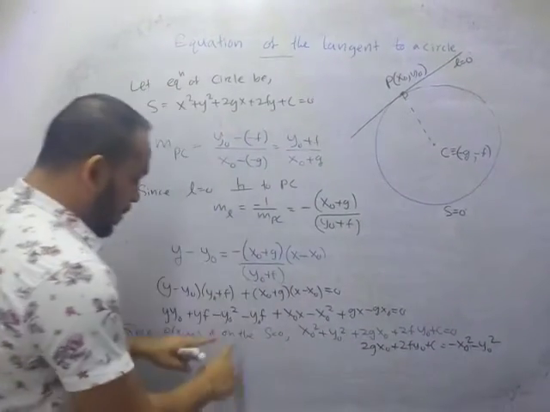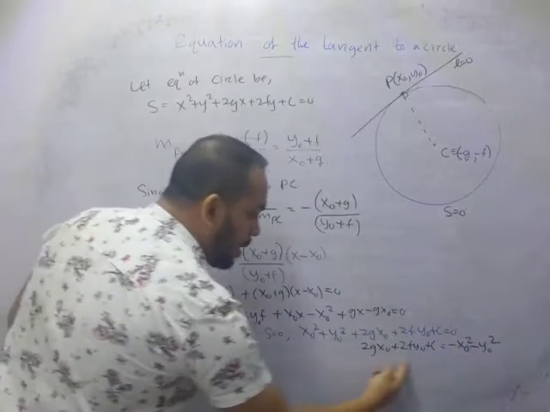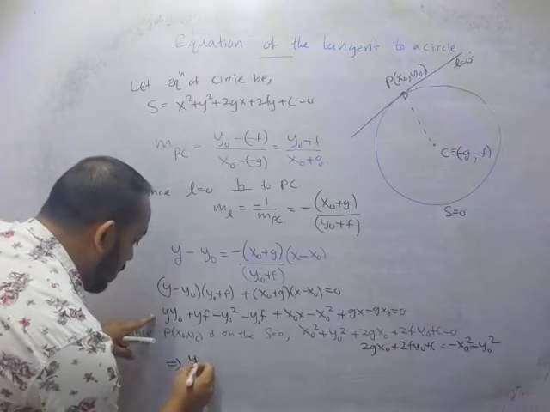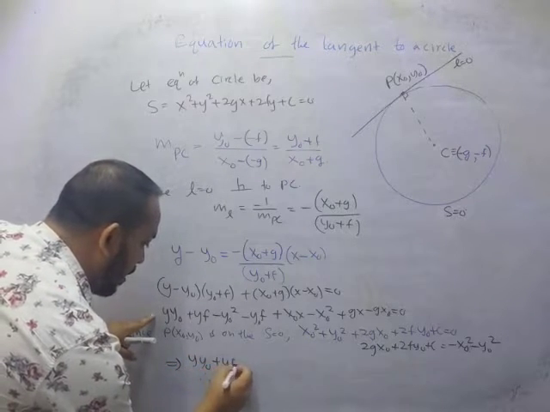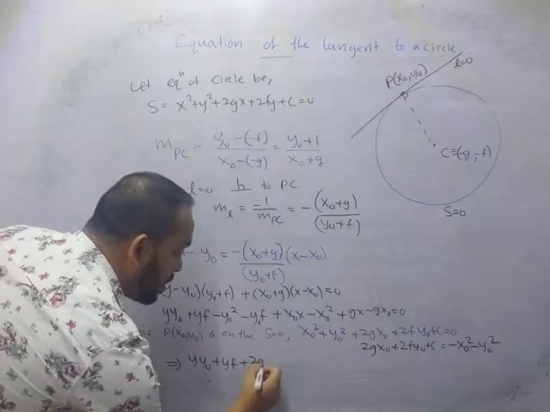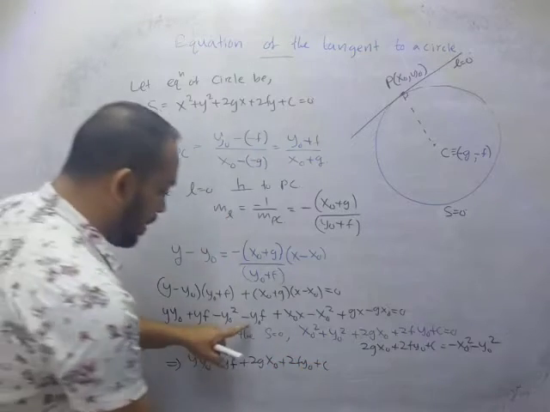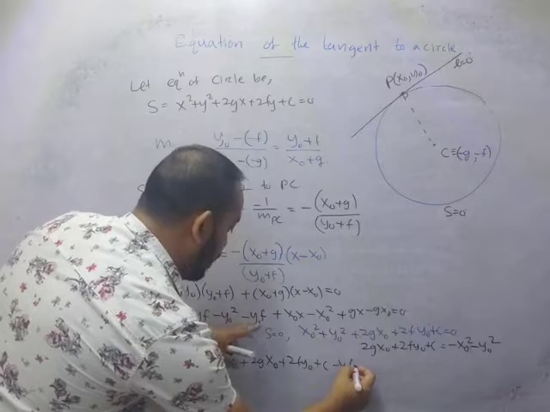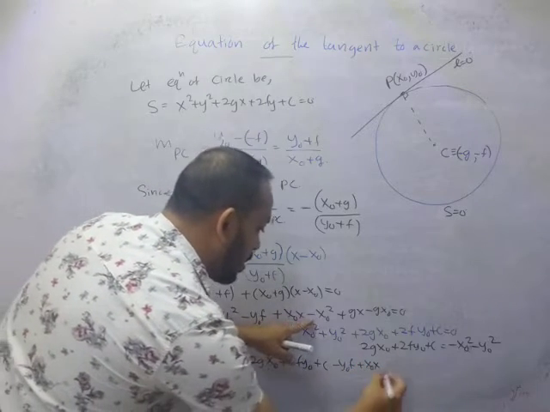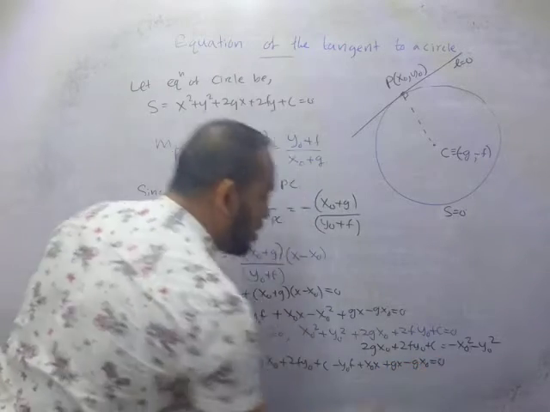So we have minus y naught squared, then minus x naught squared, and these two can be replaced by this. So this implies y y0 plus y f, and instead of these two terms we can write 2g x naught plus 2f y naught plus c, then the remaining terms minus y naught f plus x naught x plus g x minus g x naught equals 0.